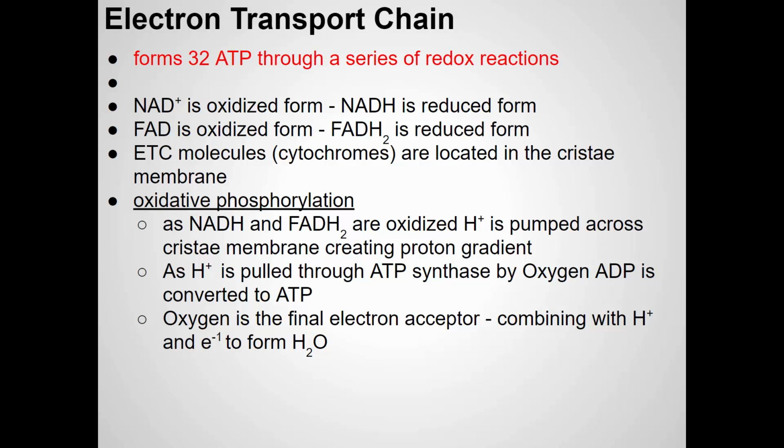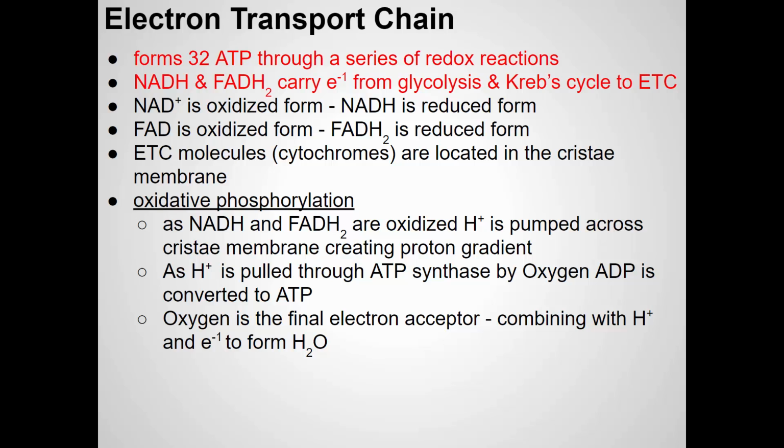They are being sent over to the electron transport chain. Electron transport chain forms 32 ATP molecules by a series of redox reactions. NADH and FADH2 get oxidized, and the electrons are used to produce ATP.